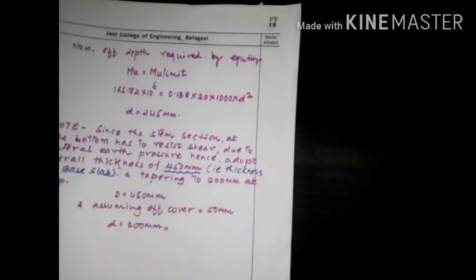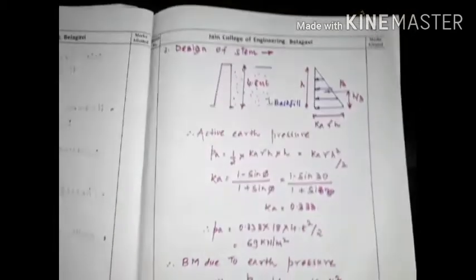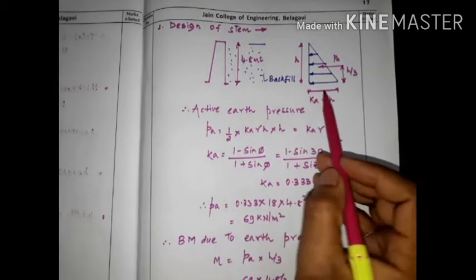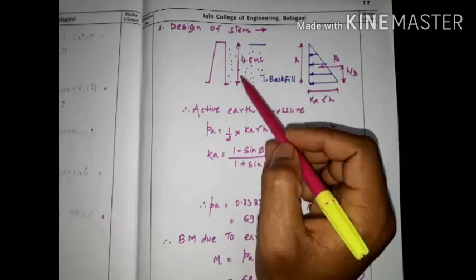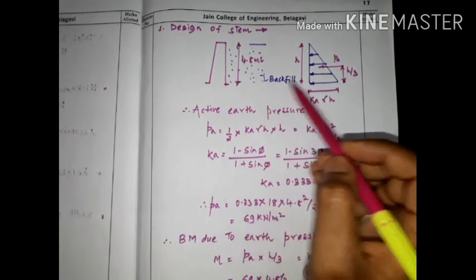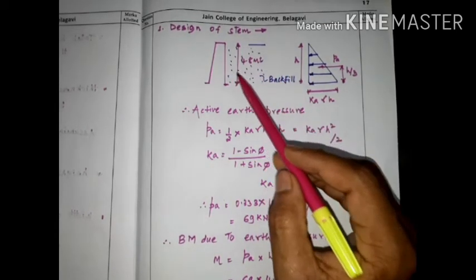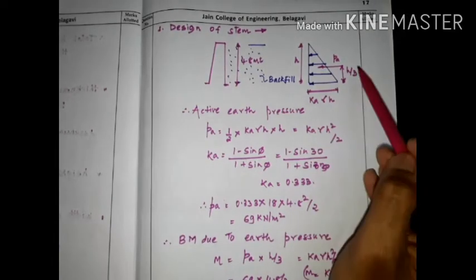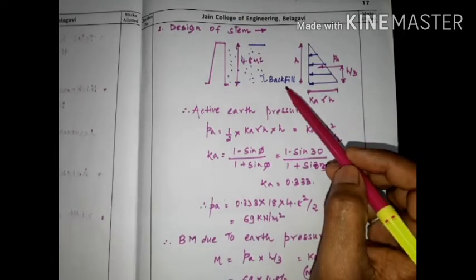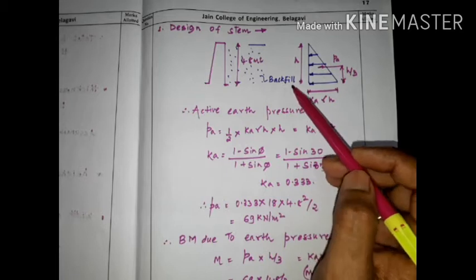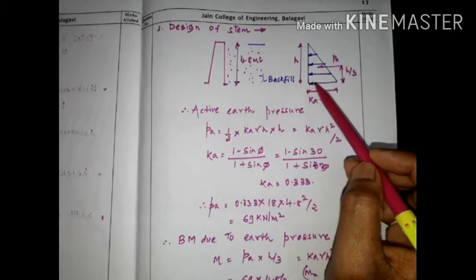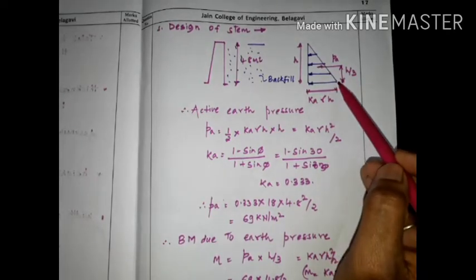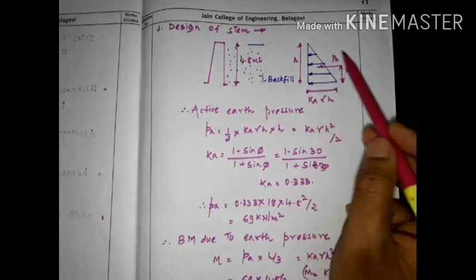So we had calculated the lateral earth pressure over the stem. For the height of 4.8 meter, the height of stem is 4.8 meter, and that stem has to resist the lateral earth pressure with respect to backfill or the soil. We had discussed the calculation of lateral earth pressure.